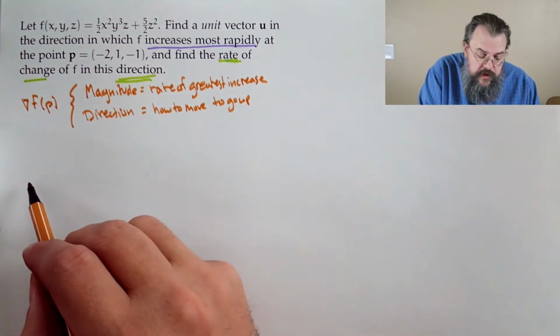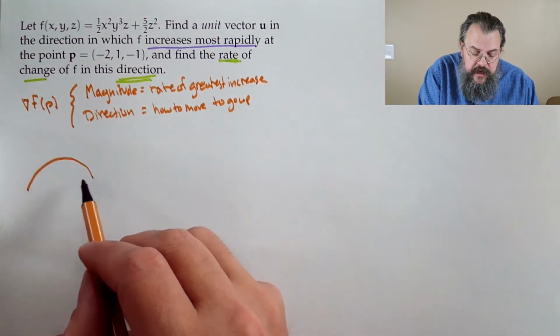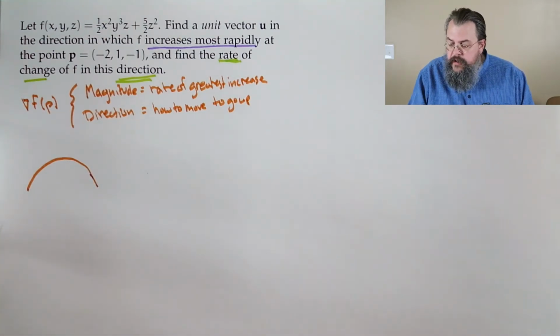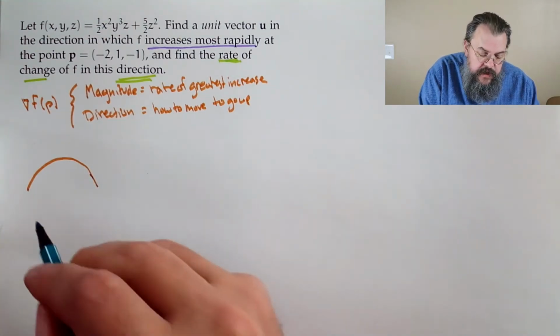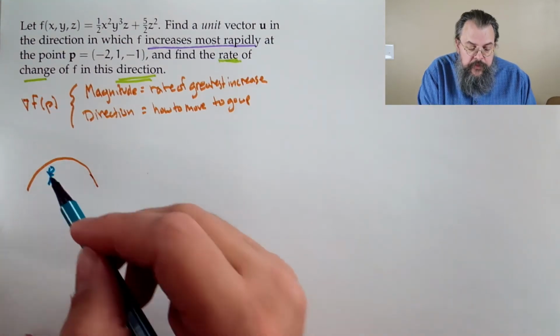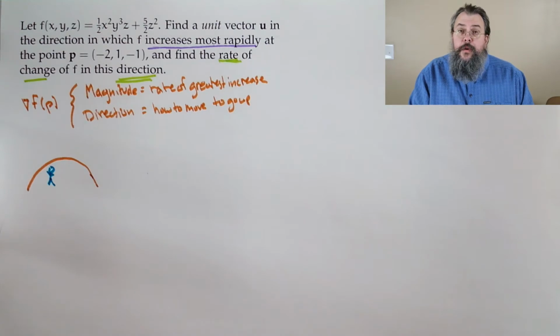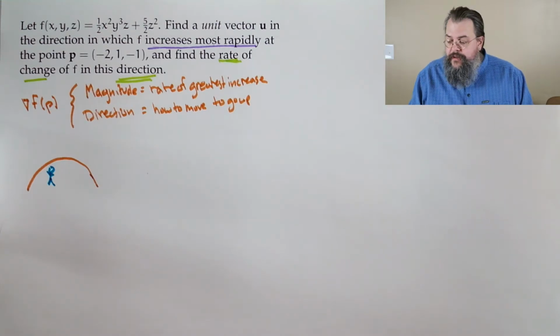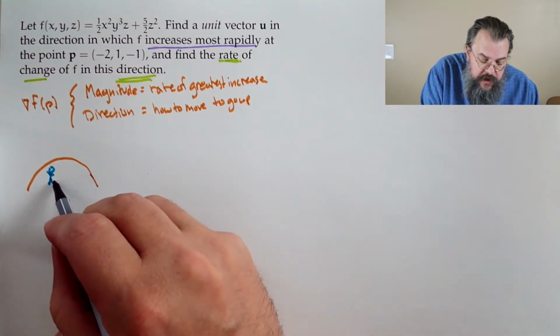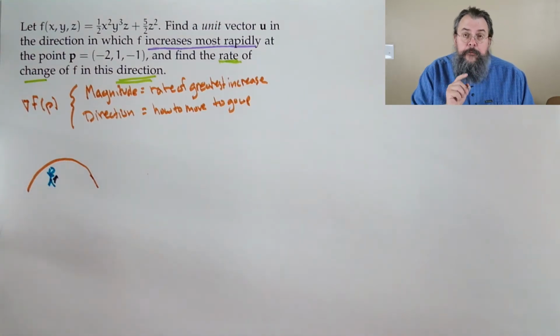In essence, it's almost like we're standing on a hill, right? So we have a hill, and here we can imagine ourselves standing on our hill. So there we are. And the question is, where do we move? So the gradient says, hey, if you want to move fast, move that way.